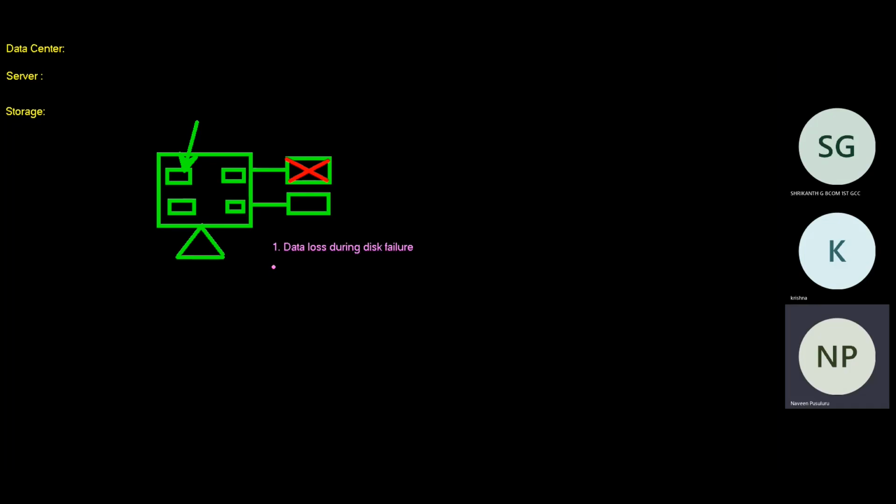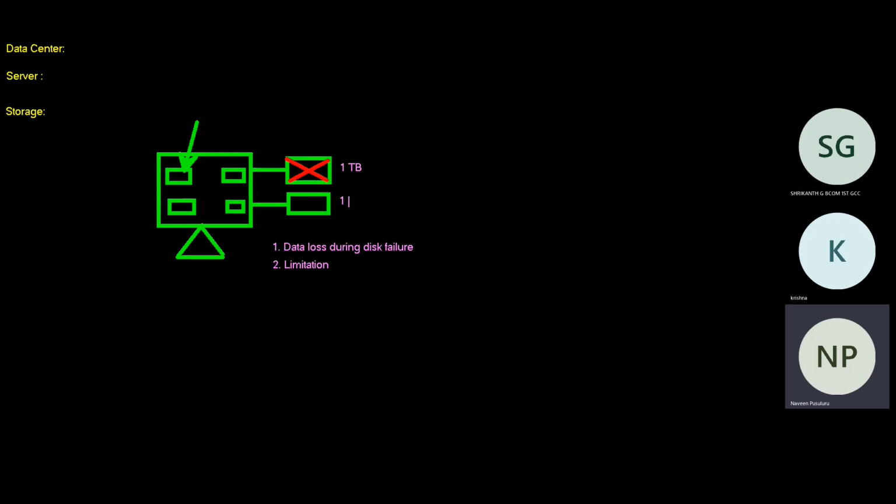The second disadvantage is limitation. For example, right now I have installed two hard drives, and let's assume each hard drive size is 1 TB. 1 TB here and 1 TB here.